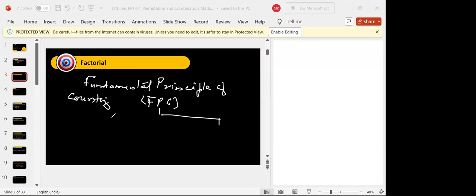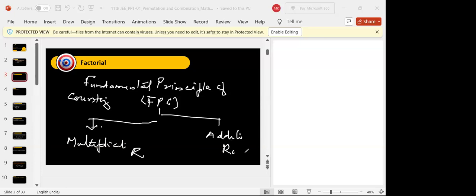This FPC is taken in two ways: one is called the multiplication rule, and the other is the addition rule.